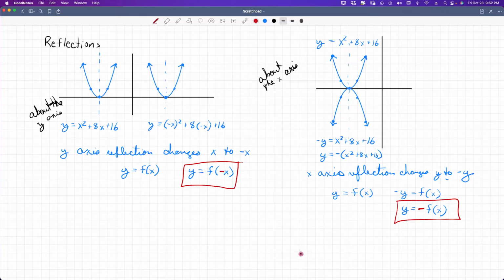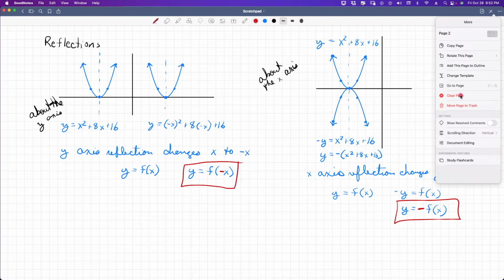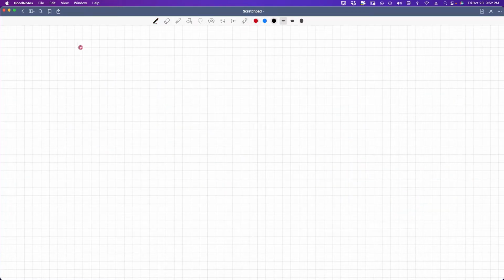All right, so now let's talk a little bit about something called translation. I'm going to clear this, so if you need to pause and finish your notes, do so. So translation is moving functions.